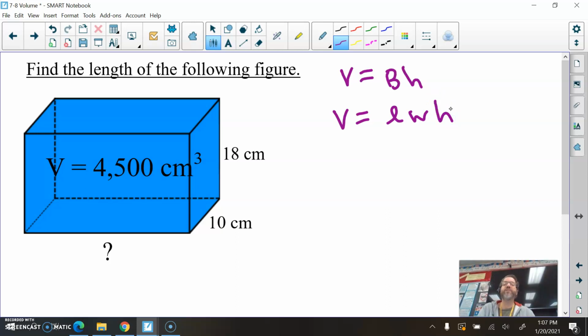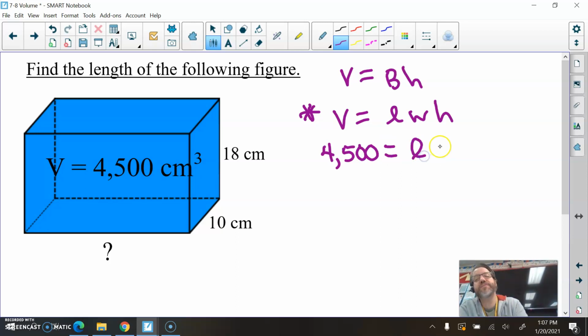Okay. And what I'm going to do is I'm going to take this formula here and I'm going to fill in what I know. I know the volume. That's 4,500. Let's substitute that in for V. It equals the length, oh, I don't know what that is, times the width is 10, times the height is 18. So can I work backward to solve this and figure out what the length would have to be?